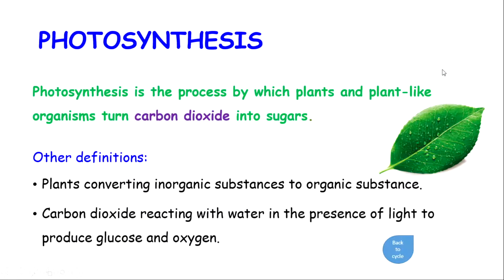Before I move on, I want to consider some other definitions for photosynthesis. One is plants converting inorganic substances to organic substances. Another is carbon dioxide reacting with water in the presence of light to produce glucose and oxygen.